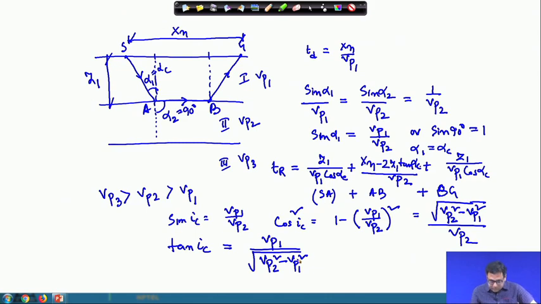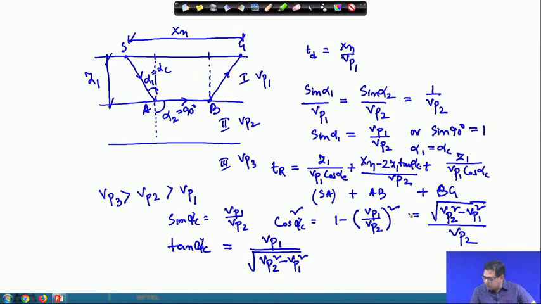Sorry, this is not i_c, this is α_c, all are α_c, because we are using alpha here. So now we put this tan α_c value and this cos α_c value here.